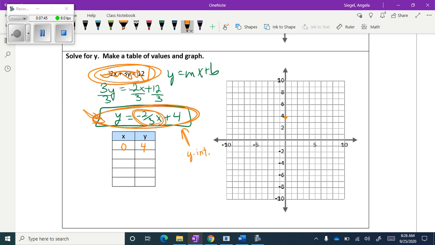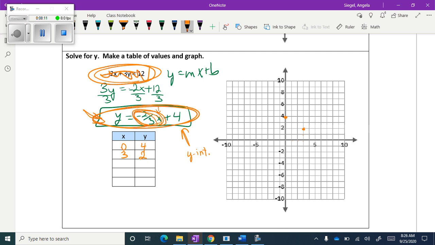If I use 1 here, that's not going to be good because it's going to give me a fraction. 2 is going to give me a fraction, but 3 will not. If I multiply 2/3 by 3, I'm going to get -2. So 3, I like it. When I plug in 3, I get -2 plus 4 is 2. I'm going to go over here, 1, 2, 2, right there.